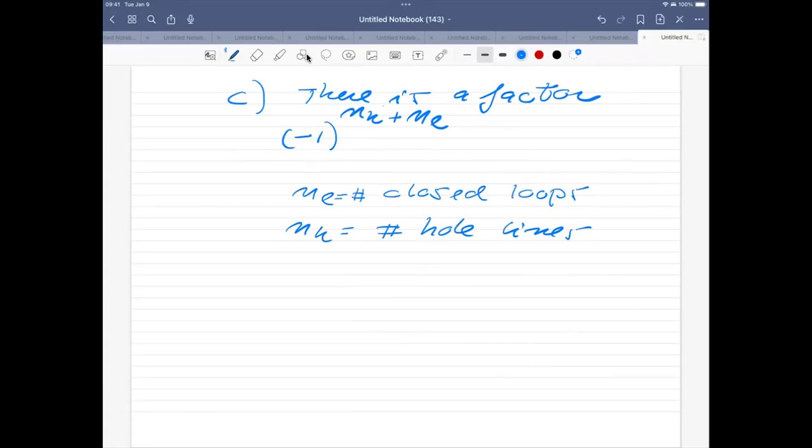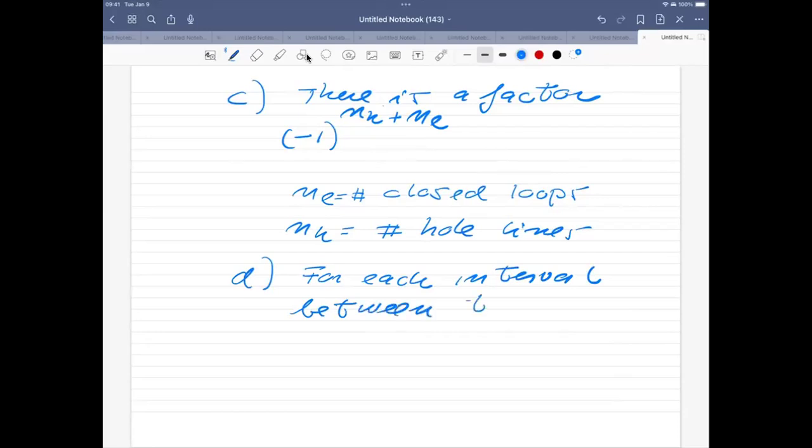Then, for each interval between two successive vertices, we have a term which we have to multiply with the diagram.